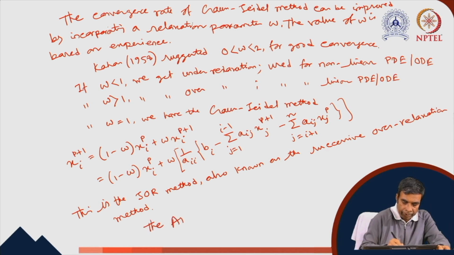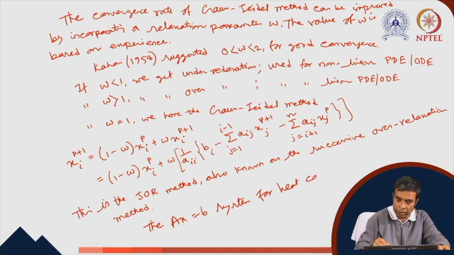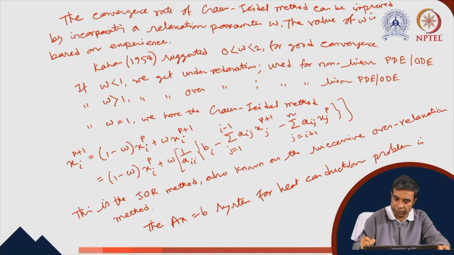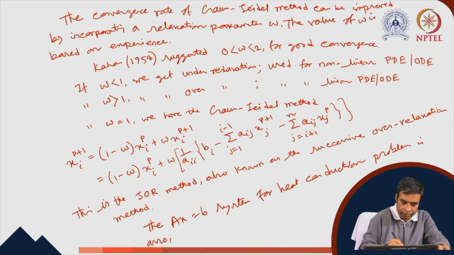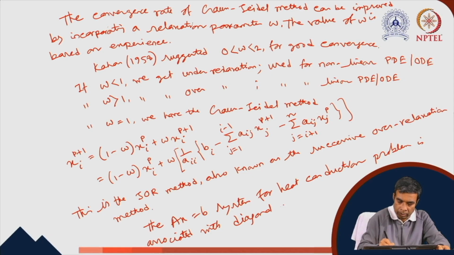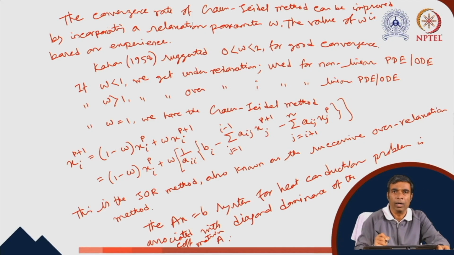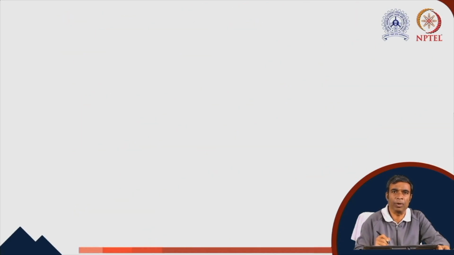The Ax equals b system for heat conduction problems is associated with diagonal dominance of the coefficient matrix A. However, in the convection diffusion problem, the diagonal dominance depends on the differencing scheme used or the finite element formulation used.